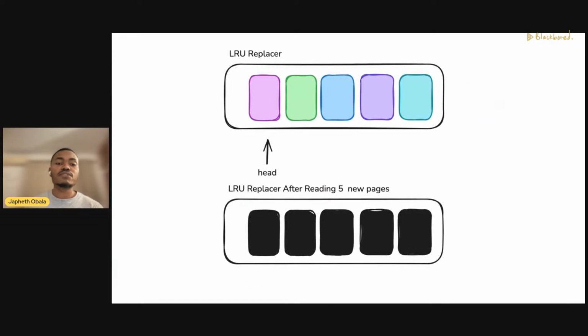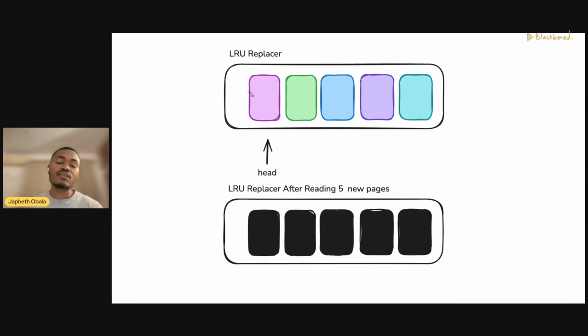So going deeper into the page replacement policy, a common scheme is the least recently used replacer. This one being the most recently used, the newest, and this one being the least recently used.